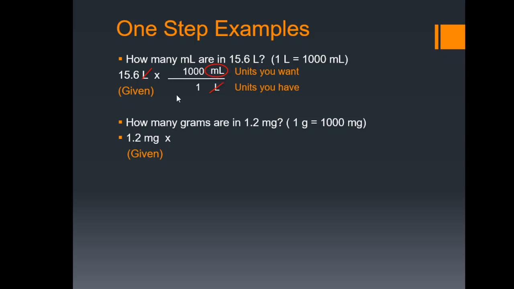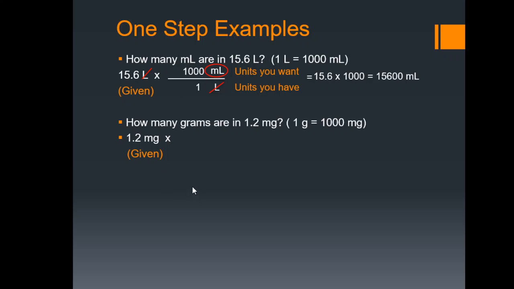Then we just read across, and it's 15.6. Anything on the top you multiply by, and anything on the bottom you divide. So 15.6 times 1,000 equals 15,600, and we're left with milliliters.